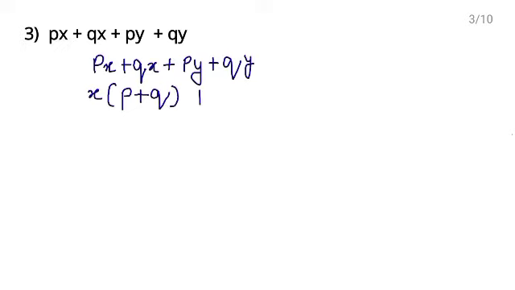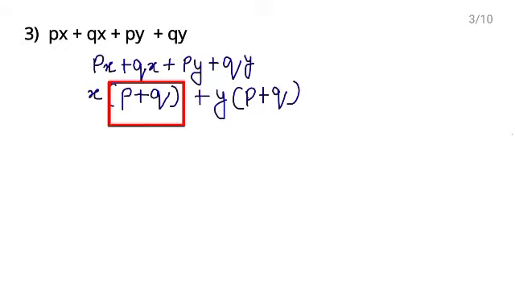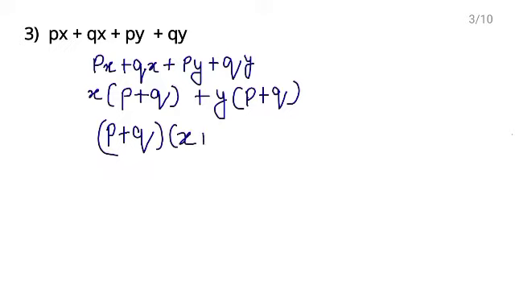From the next two terms take y common. It will become p plus q. Now as in type 2, this is the common binomial factor p plus q. So you will take p plus q outside the bracket and in the bracket it will be x plus y. So this is your answer.